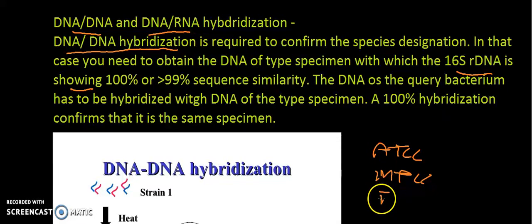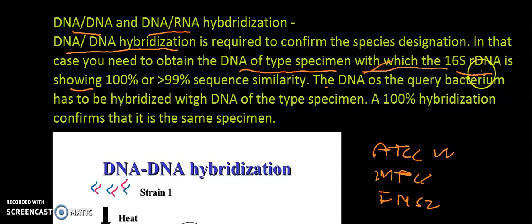There are many culture collection centers, and I think ATCC is one of the largest, so it will have all the type specimens. One can obtain the type specimen from there, and the DNA of that specimen has to be isolated, fragmented and denatured.